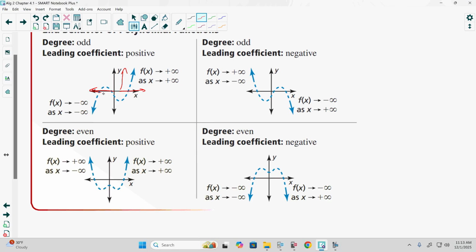They just go in opposite directions. It flips. So its leading coefficient is negative. As we plug bigger numbers in, it's going to go down. As we plug smaller numbers in, it'll eventually go up. There can be stuff in the middle, but eventually they're going to go in opposite directions.